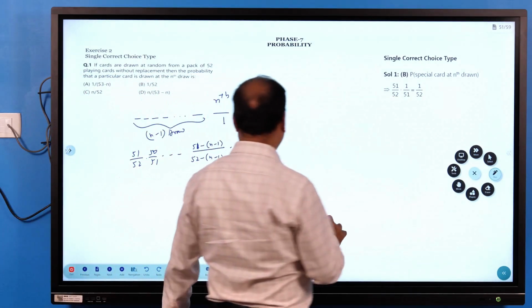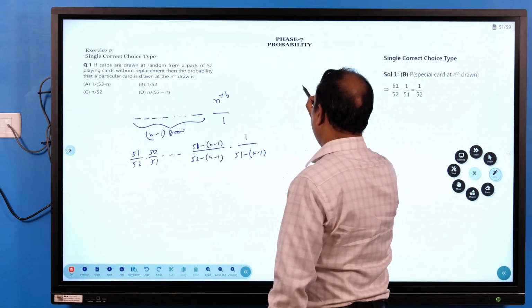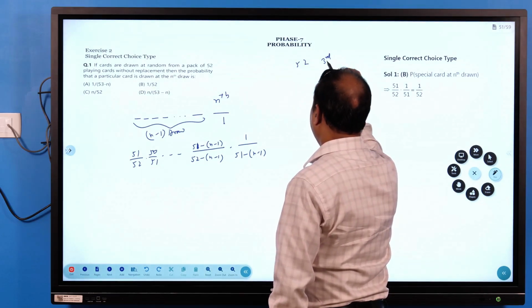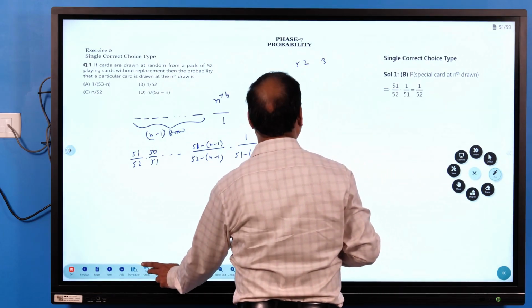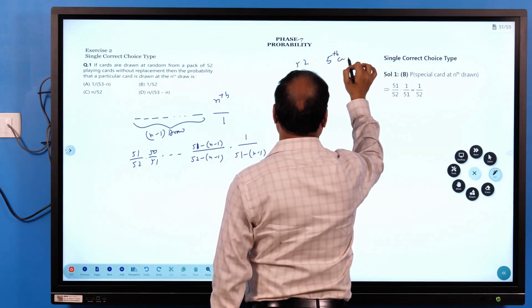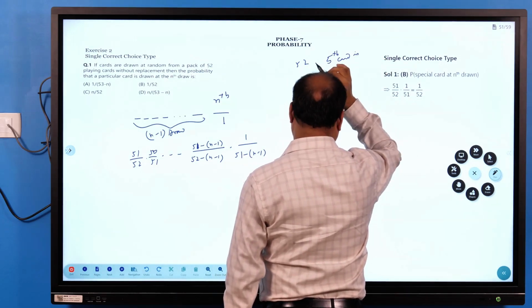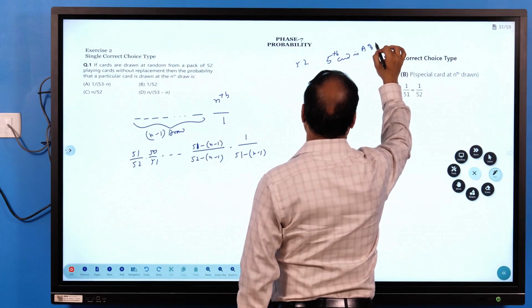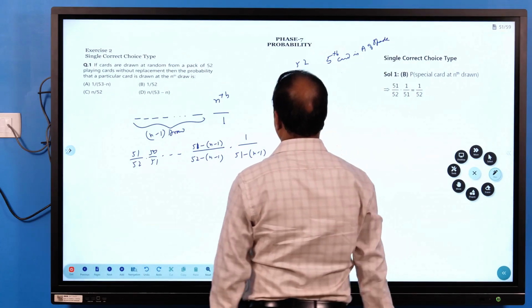See here, to understand this, suppose from the 52 cards, I am giving an example: the fifth card is a particular card, the ace of spade.